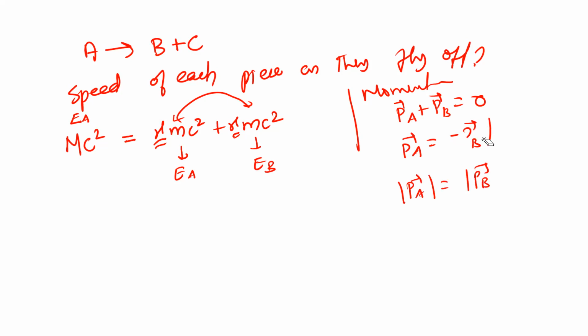Since this momentum is gamma mv, the other momentum also has to be gamma mv. So they both have the same gamma factor. We can use this here. So you see that mc square is equal to 2 gamma mc square. Now we can just solve for gamma from here.